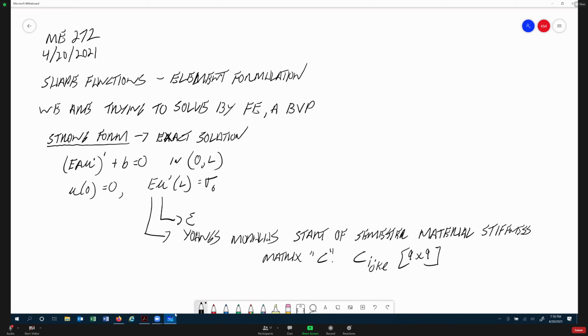So all this is, right? Sigma is equal to E times epsilon at X equal to L. So at the end of the beam.